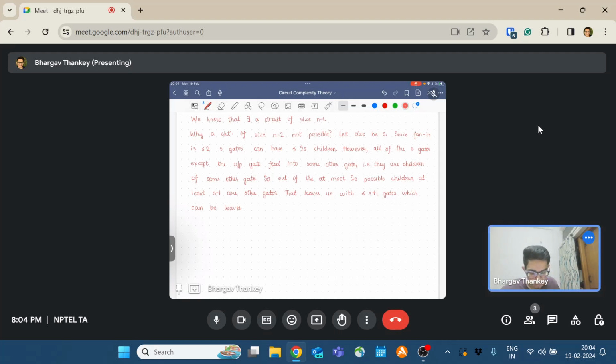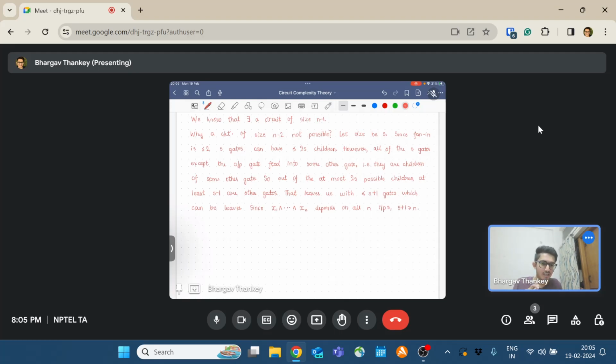And since the function depends on all of the inputs, s plus 1 has to be at least n.